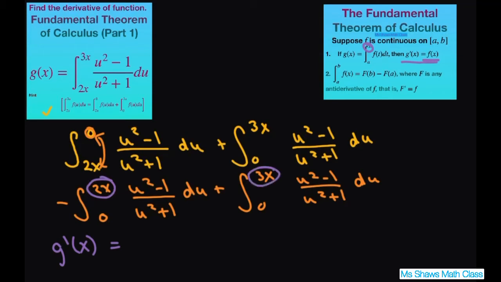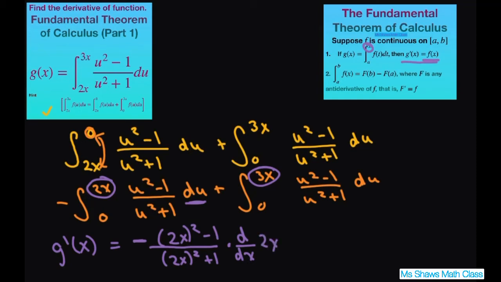So all you're going to get, and I'm going to go ahead and pull the negative here, negative 2x squared minus 1, and then you have 2x squared plus 1. And then your derivative of u. We could have done that earlier, but I'm just going to do it here. Times when you differentiate 2x.